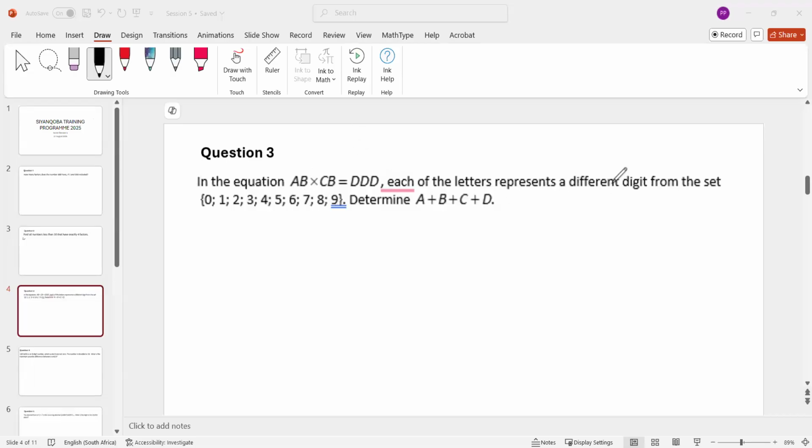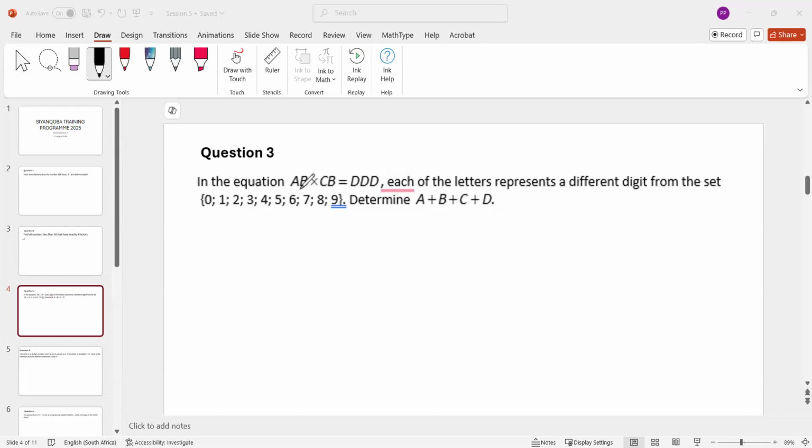Evidently, they say each of the letters represents a different digit. A digit is a number like 0, 1, 2, up to 9. Those are the digits. So in other words, this is a two-digit number, right?